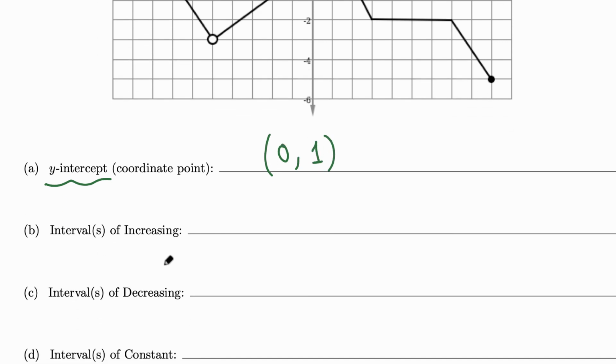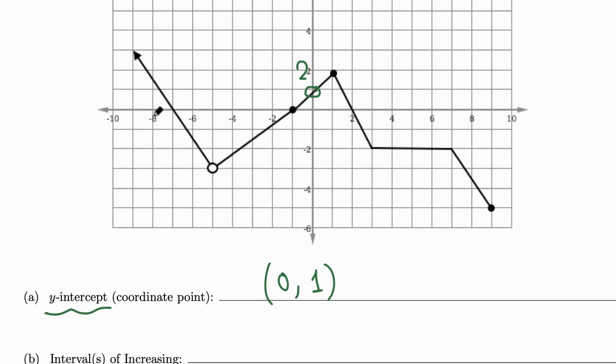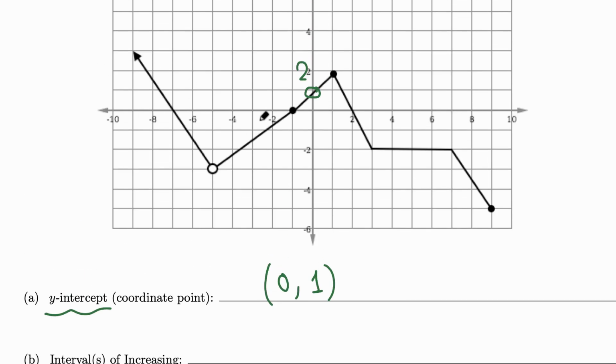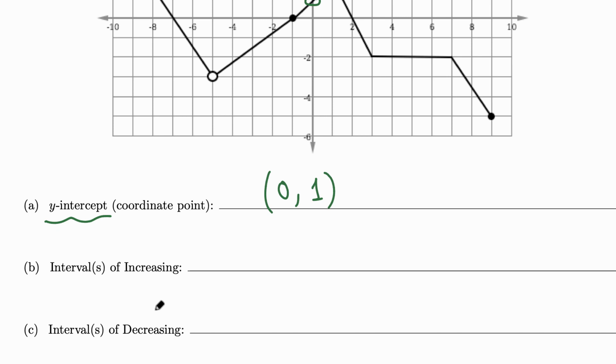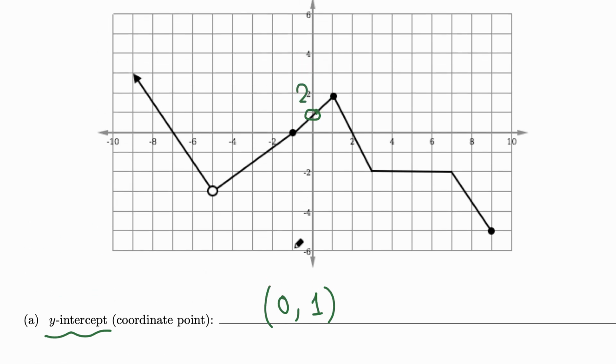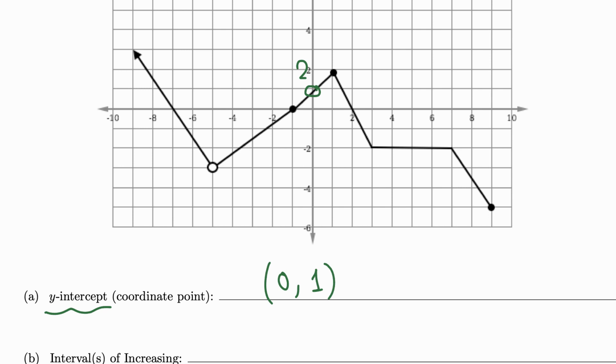Intervals of increasing. Intervals means we look on the x-axis where the function is going up when we look from left to right. This portion is increasing, and that happens here all the way to here. Then it's going down, decreasing, constant, decreasing again.